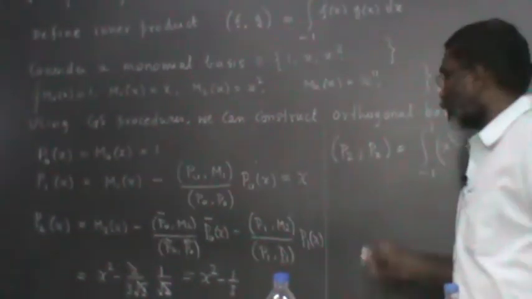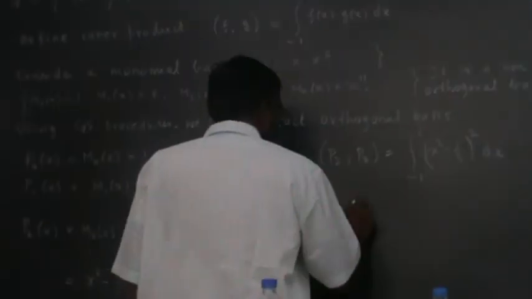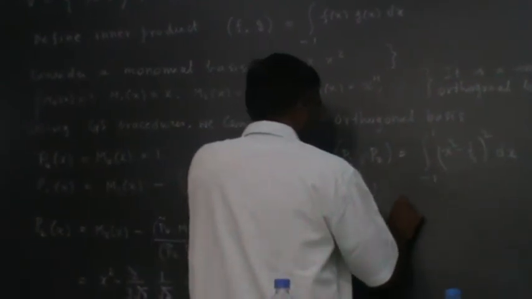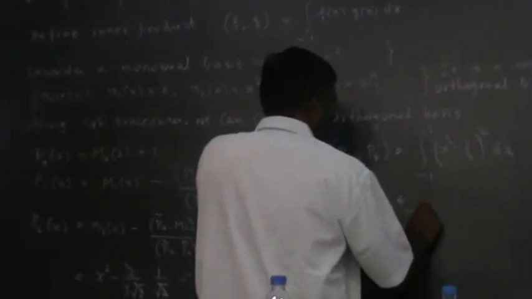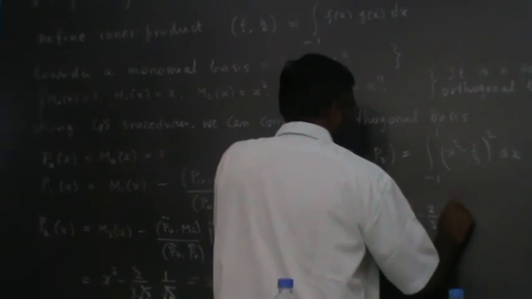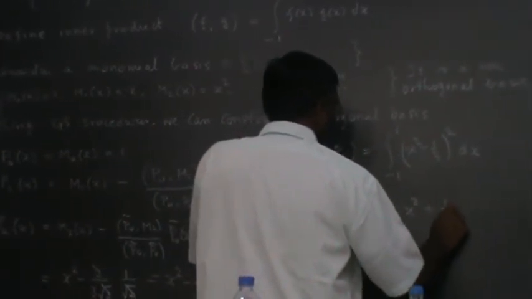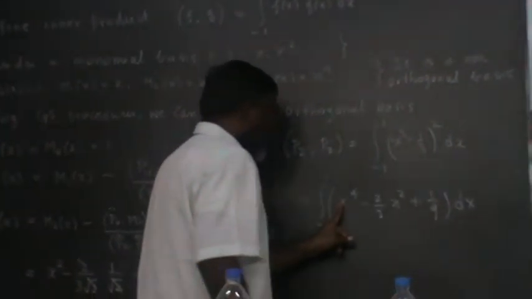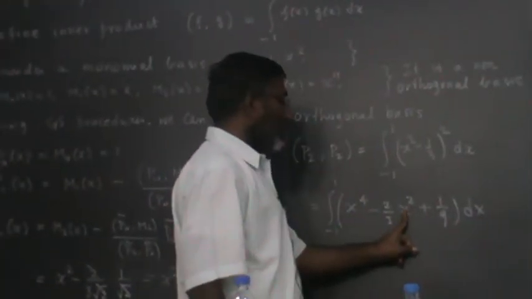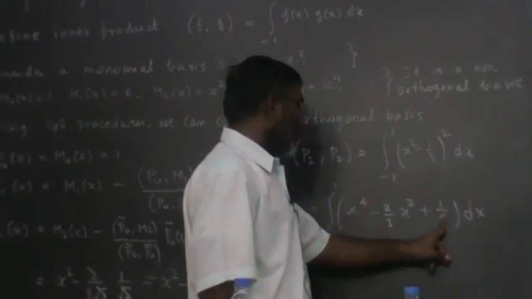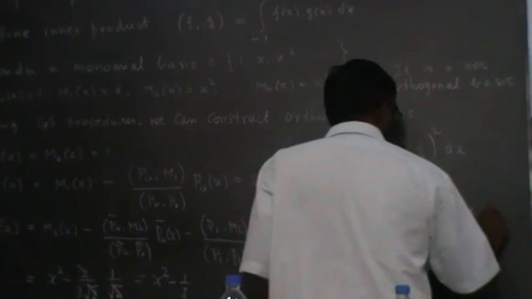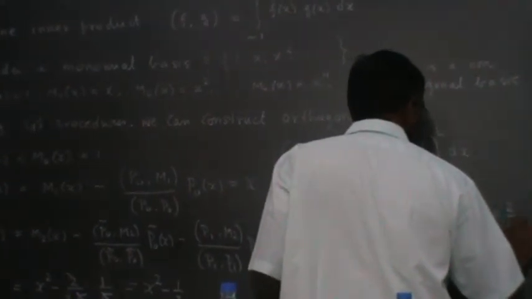This is the integral of x to the power 4 minus 2 by 3 x square plus 1 by 9 dx. The odd terms will not give anything, but this will give you 2 by 9.